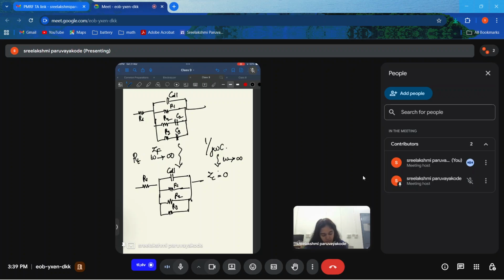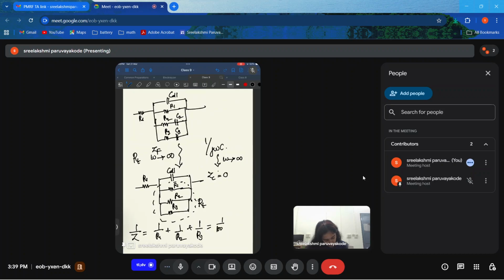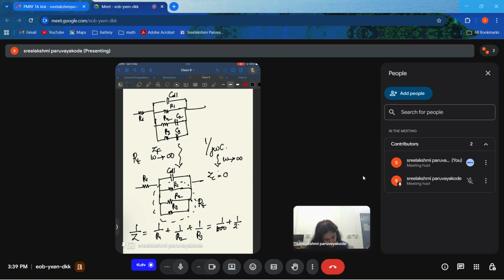Now, what is the Faradaic impedance? This is RT. Why? Because it's the case when omega tends to infinity. So you have three of them in parallel. So 1 by Z equals 1 by R1 plus 1 by R2 plus 1 by R3, which is 1 by 1000 plus 1 by 250 minus 1 by 500.